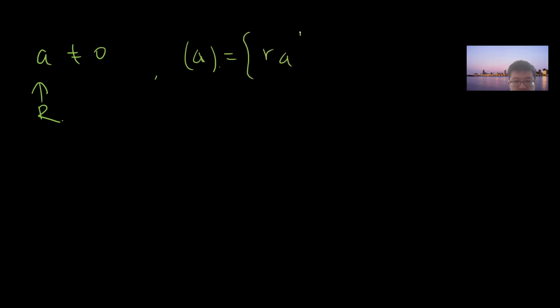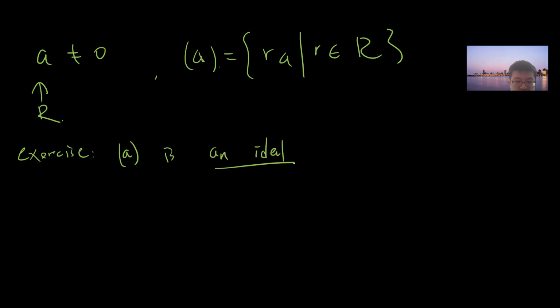Okay, so the proof is easy, right? Take a non-zero element a in R, and then we take the ideal generated by a, which is basically (a) = Ra, where r belongs to the ring. Your exercise is to check that (a) is an ideal. This is trivial, so you can check by yourself.